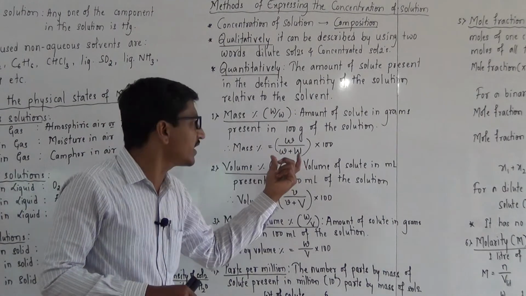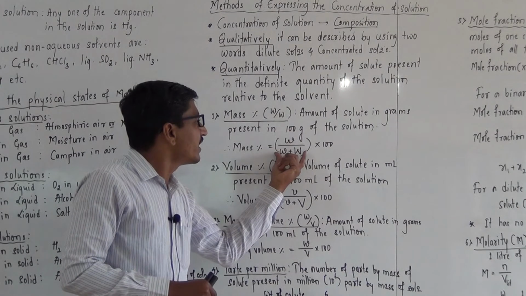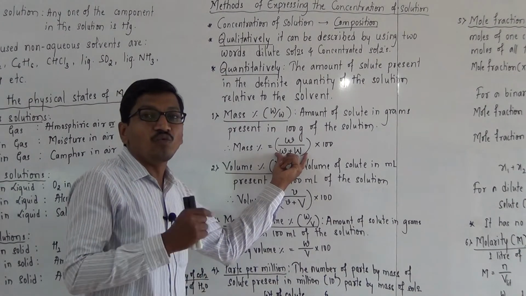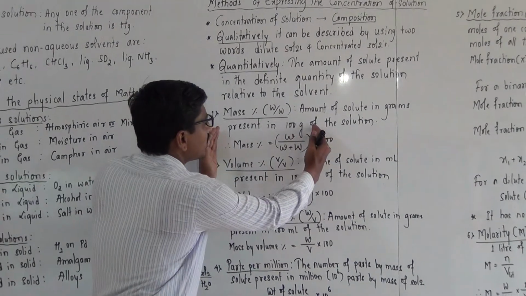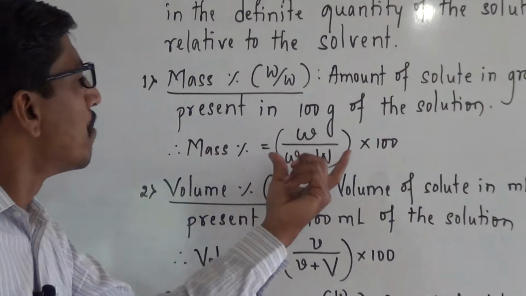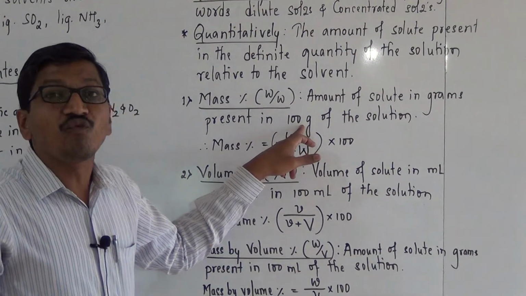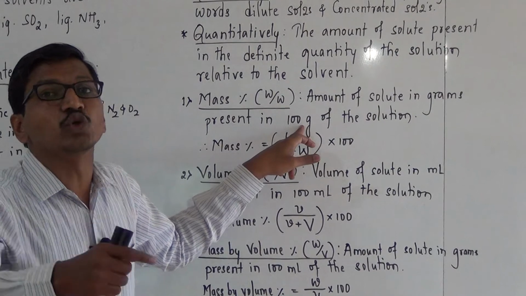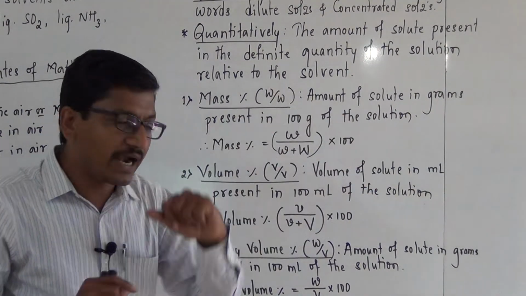In the denominator, the weight of the solution is the sum of the weight of solute as well as the weight of solvent, and this part is called mass fraction. Mass fraction is the ratio of the weight of the solute to the weight of the solution, and the percentage is obtained by multiplying with 100.